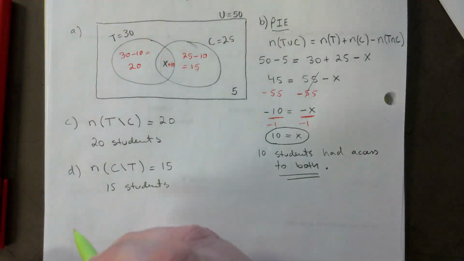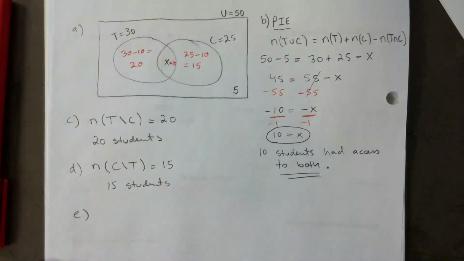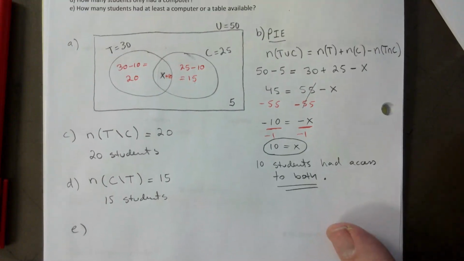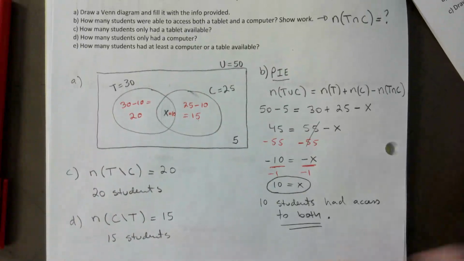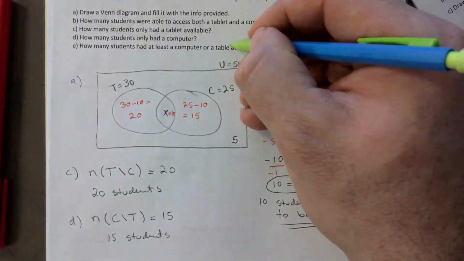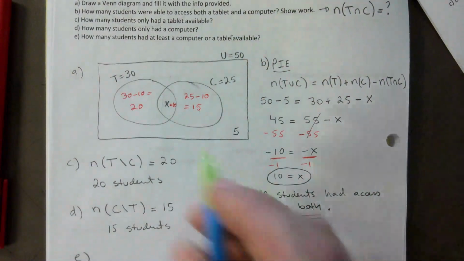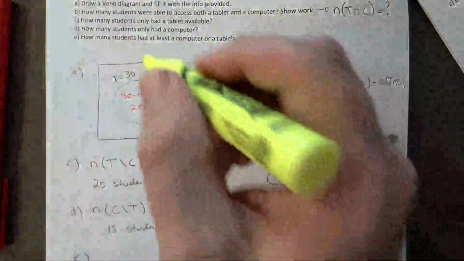Okay. E. How many students had at least a computer or a tablet? Sorry, I meant to say tablet. I made that one just after the pandemic, so I guess. Anyways, it's a tablet. This word right here throws students off.